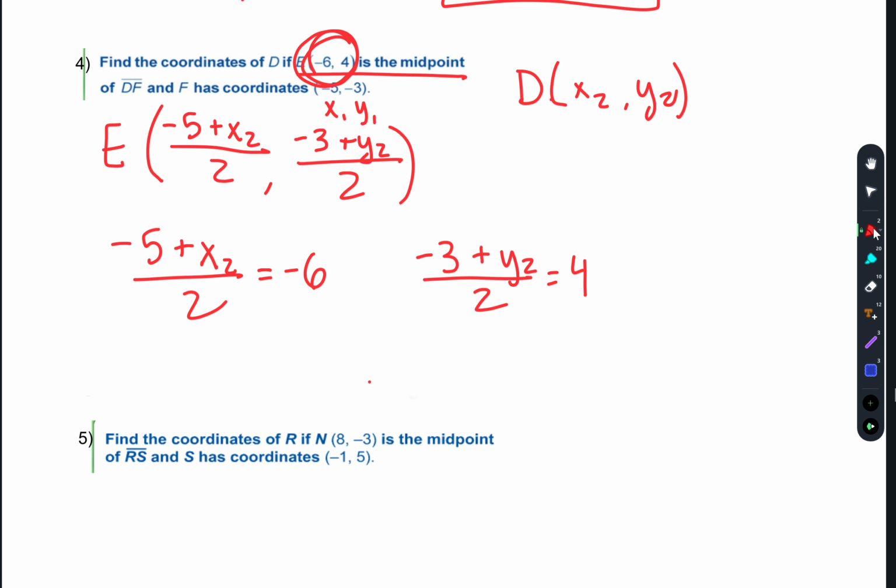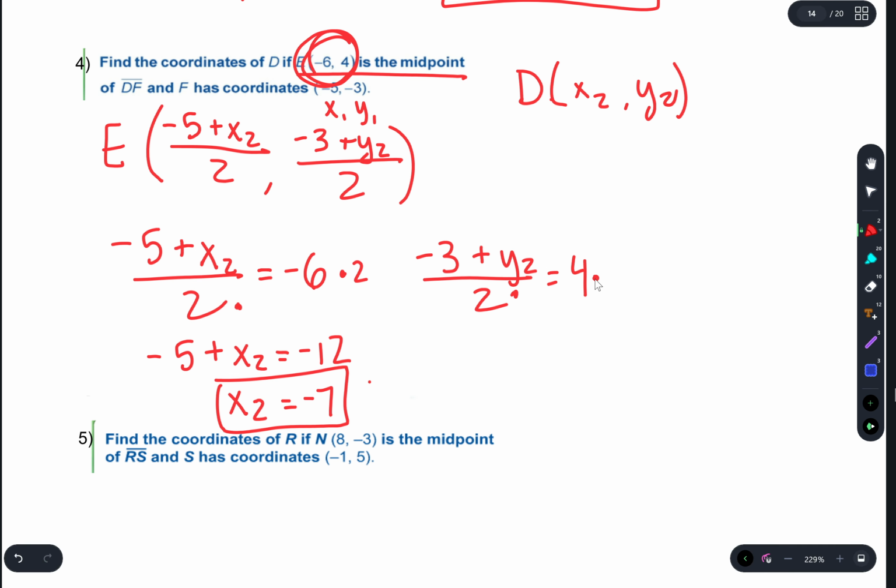So -5 plus X2 over 2 equals -6. I'm going to multiply both sides by 2. And I'm going to add 5 to both sides. So this is going to be a -7. And I'm going to do the same thing with the y's. I multiply both sides by 2.